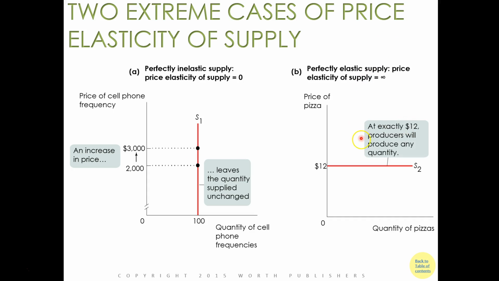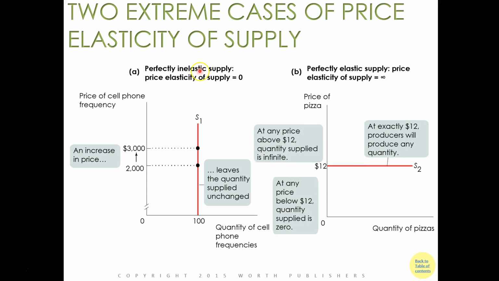Now, perfectly elastic supply is what you see here, just like perfectly elastic demand. But instead of anything under, this says that anything over, there's an infinite supply. They'll supply as much as they want over the price of $12, but not under.